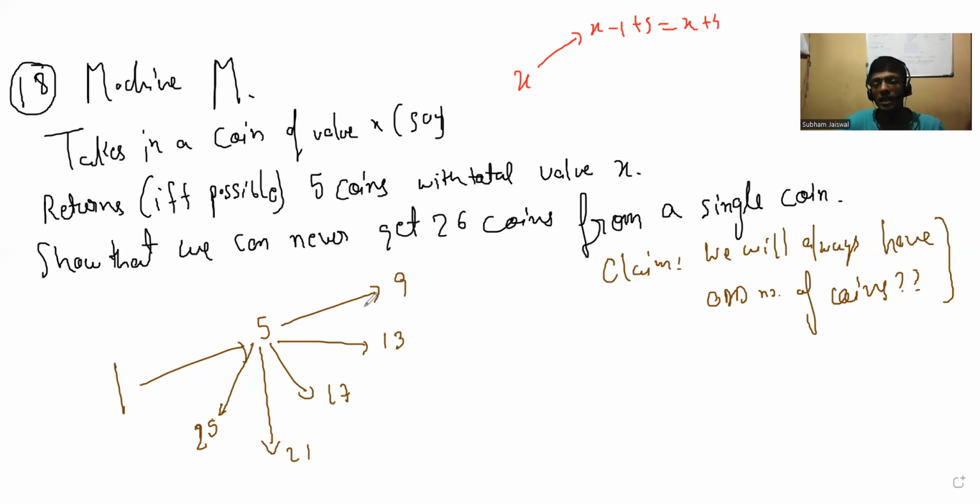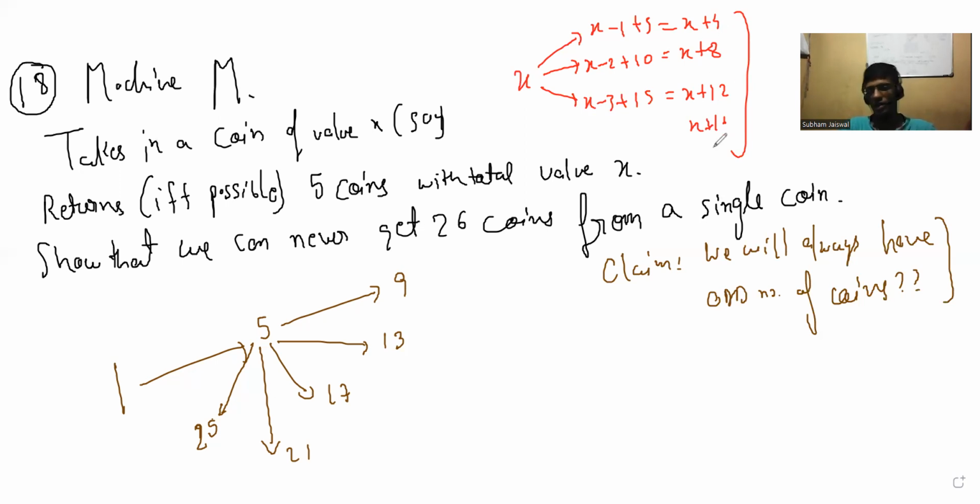Or if you subtract 2, but you add a 10, so again, you're increasing by 8. And X plus 16. So you can always increase only by these things, 4, 8, 12, or 16, and multiples of 4.